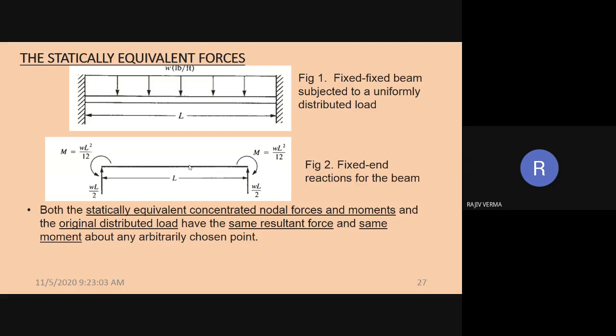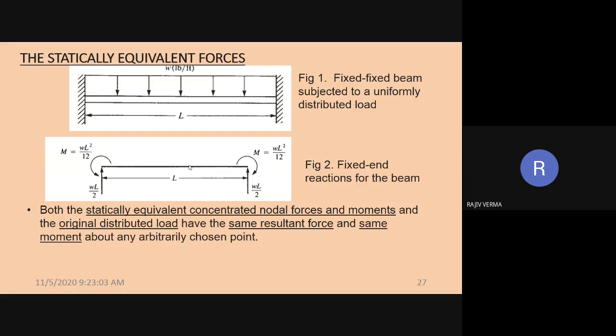So obviously it means that the nodal loads are going to be statically equivalent to the distributed loads. So all you have to do in this particular approach is that irrespective of the type of loading which is being given, you simply find out the reactions or the resultant forces acting at the nodes, and you reverse their direction.